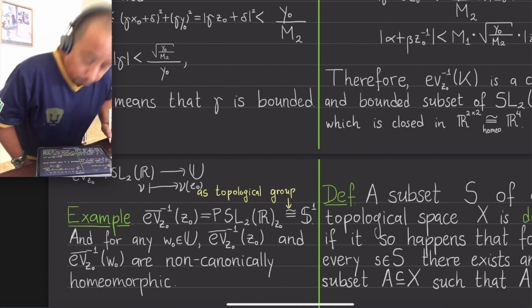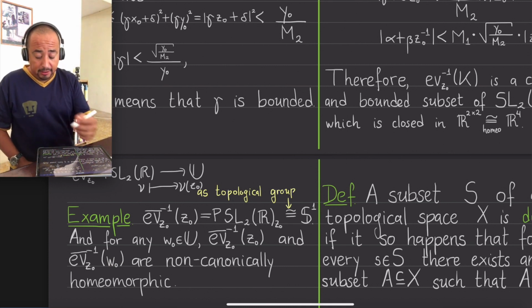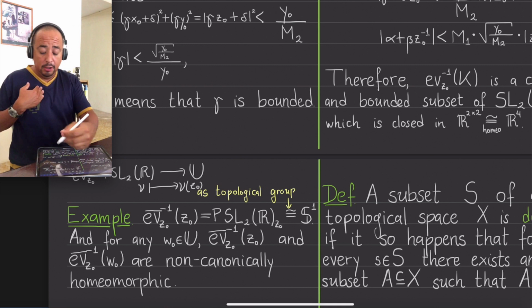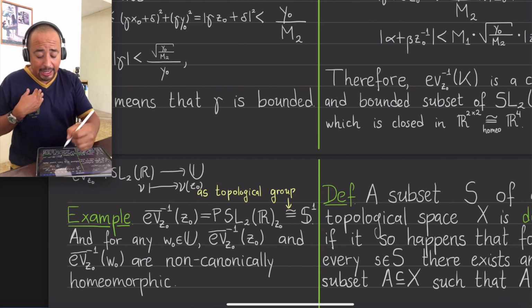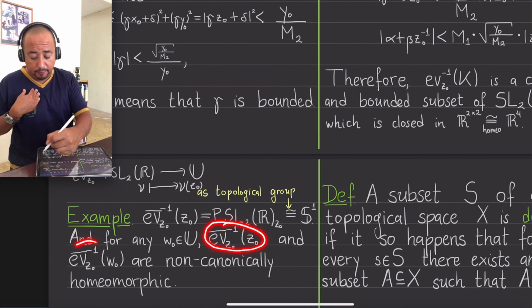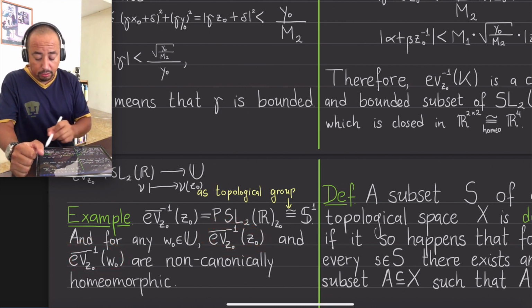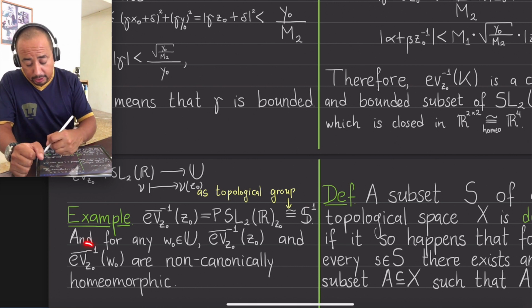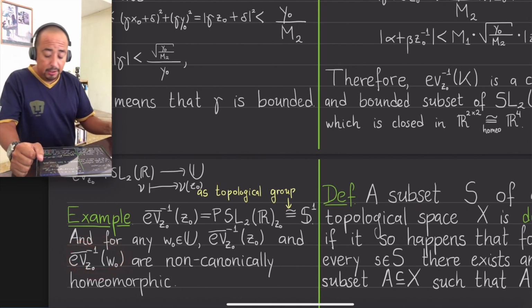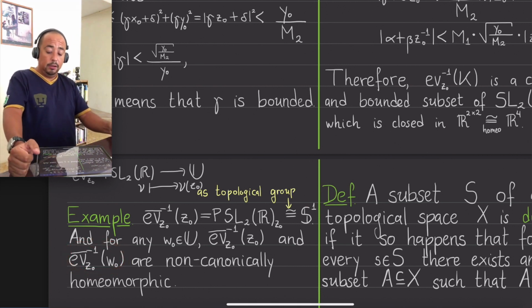Of course, which one I take is up to me, right? So while I exhibited how to show that these are homeomorphic, there is a non-canonical choice. They are homeomorphic, but non-canonical. In any case, at least I know it's homeomorphic to a circle.